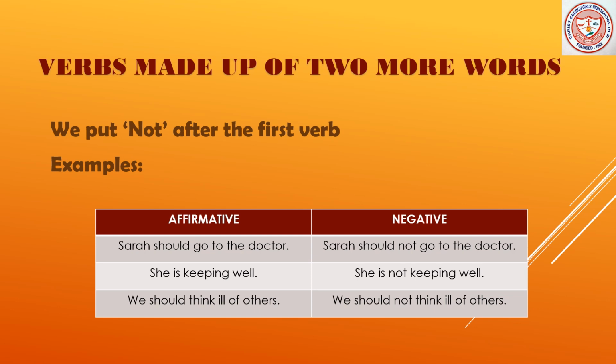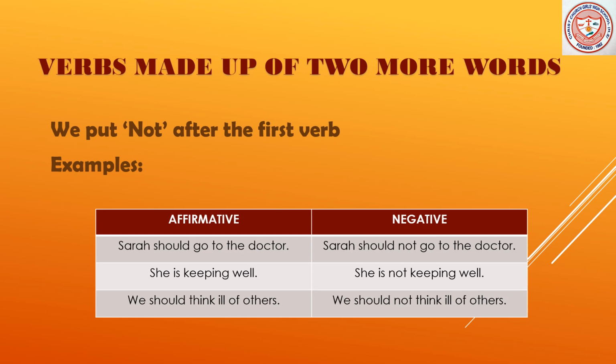Here you can follow one thing. We are getting two verbs over here. One is modal auxiliary, that is should, and the second one is go, that is main verb. As per the rule, we have used not after should.